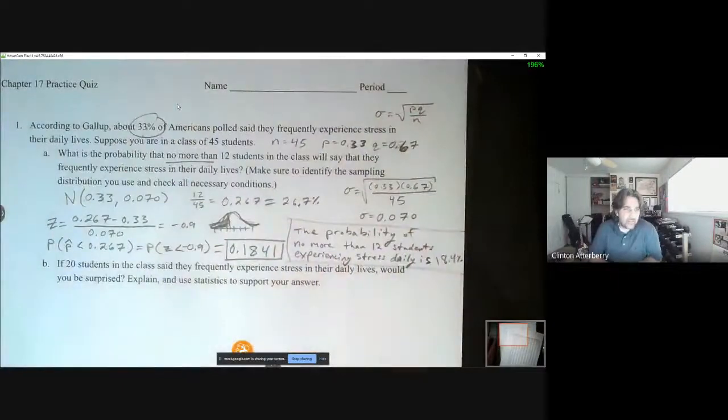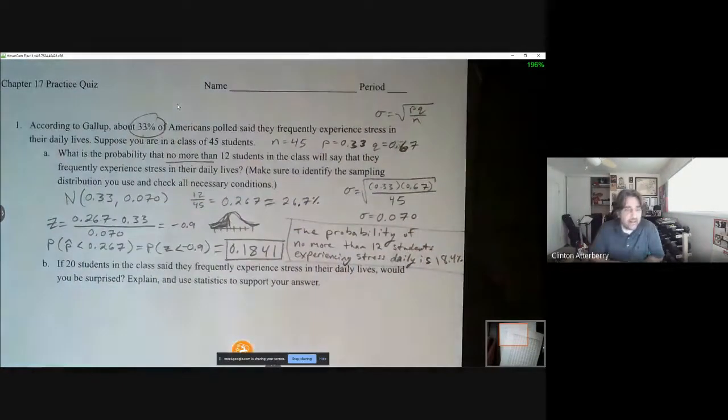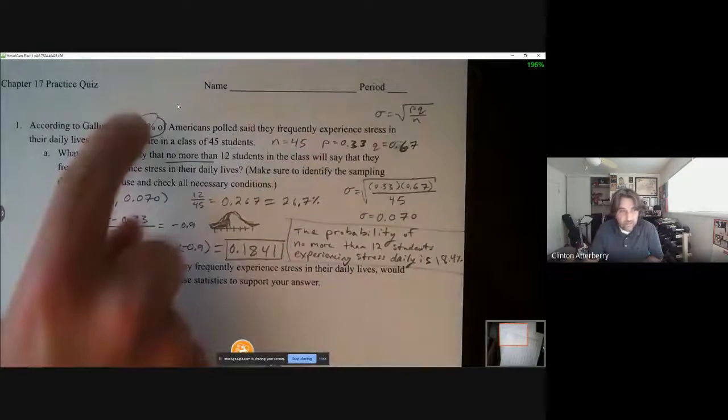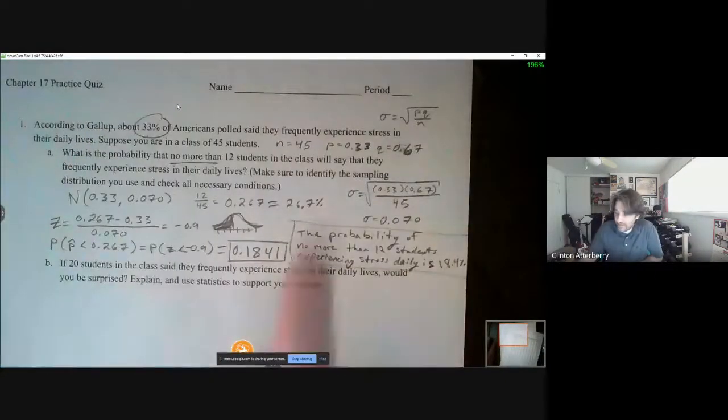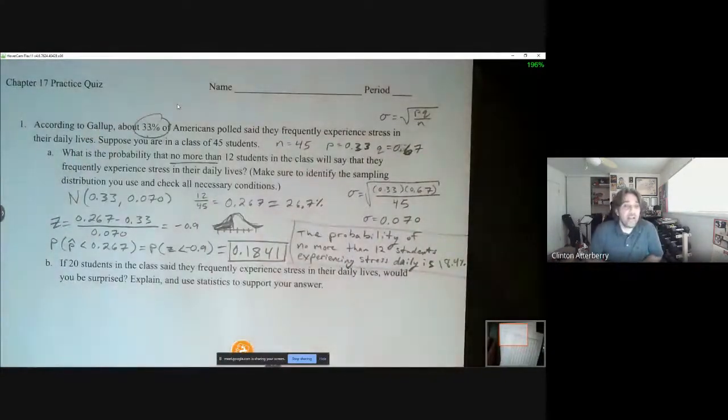They told us 33% of Americans said yada, yada, yada. That's our p-value. So whatever question you have for your actual quiz, whatever percentage they start with is your p-value. Write that down. Then find your q-value from that: 1 minus that. 1 take away 0.33 gave us 0.67.